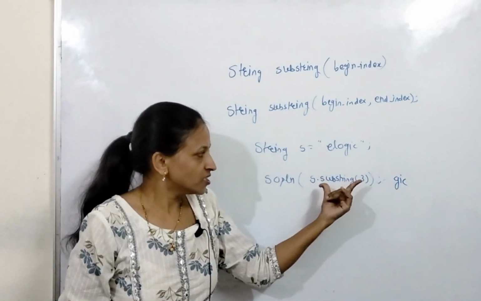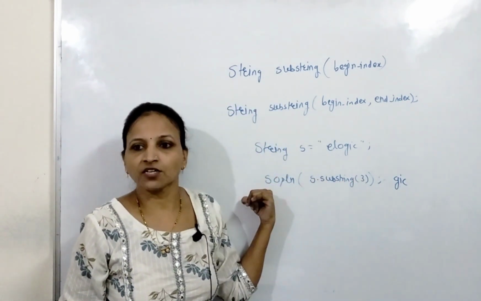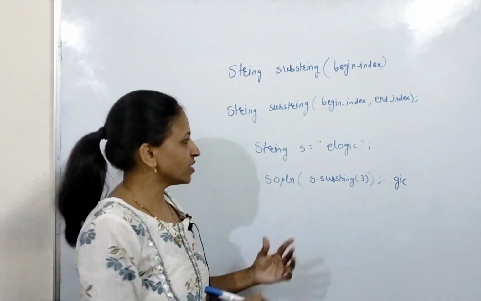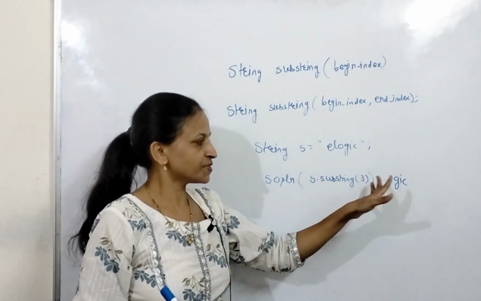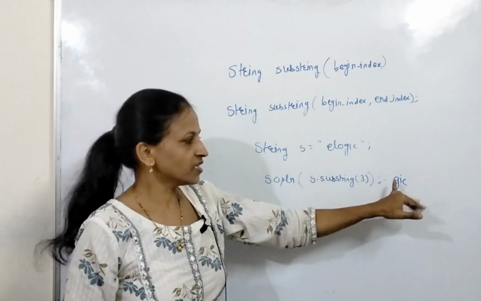You can also store that substring in another string variable. Here we are just displaying, but you can declare one more string variable and store s dot substring of 3, and in that you will get GIC.